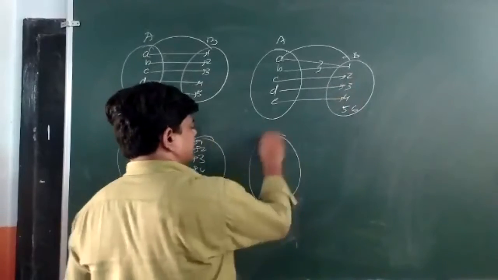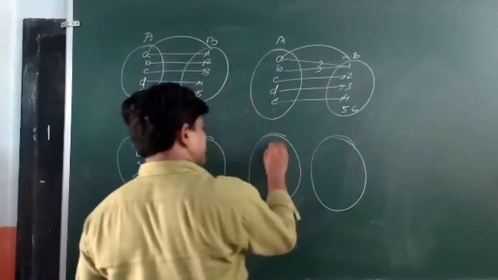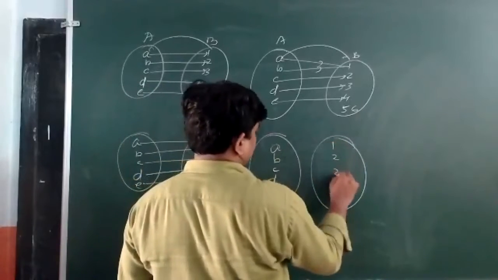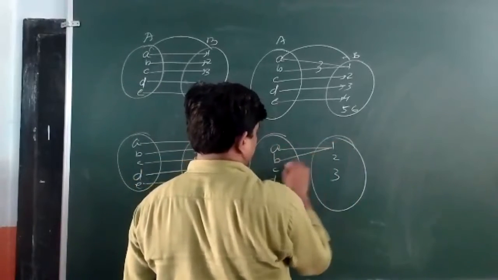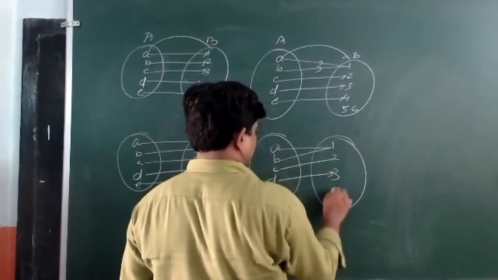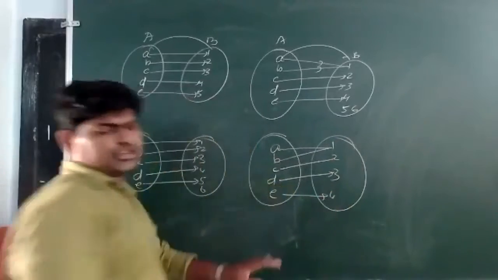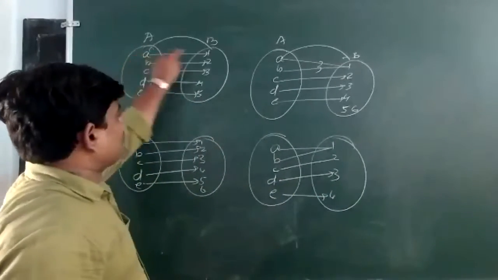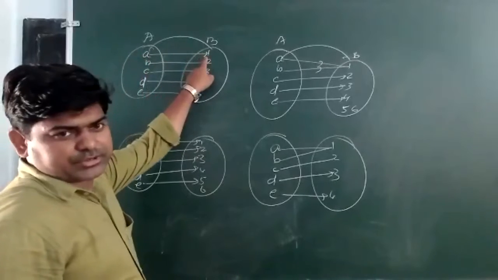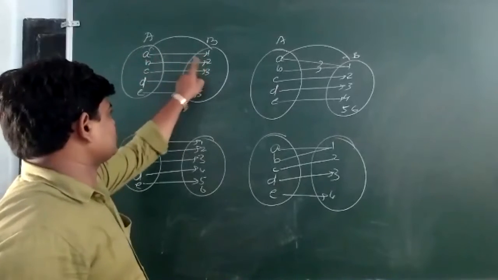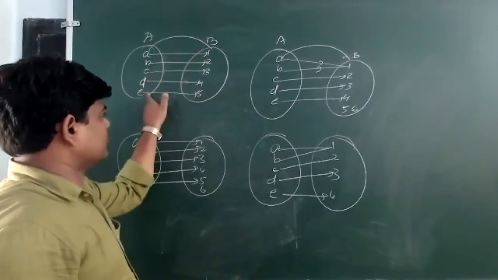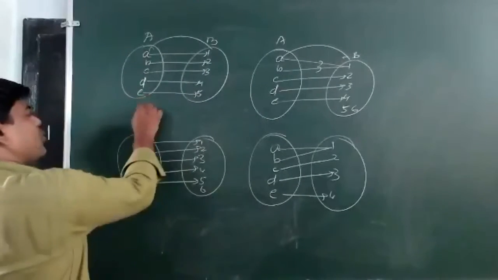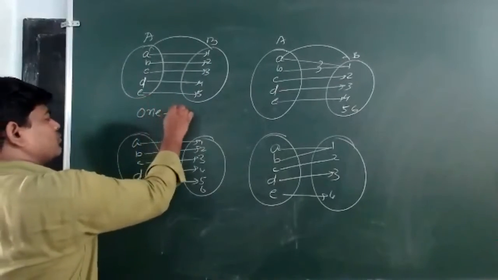Another function I am having here. Easily you can see here one element is related to one. This one also is 1 to 1, 1 to 1, 1 to 1. It can be called 1, 1.